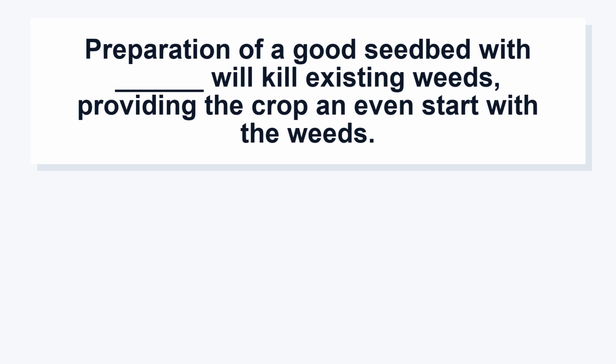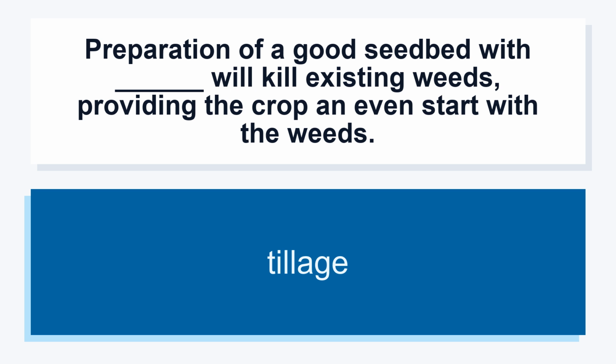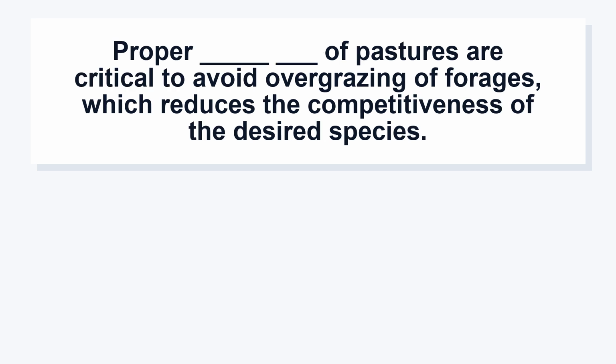Preparation of a good seedbed with tillage will kill existing weeds, providing the crop an even start with the weeds. Proper stocking rates of pastures are critical to avoid overgrazing of forages, which reduces the competitiveness of the desired species.